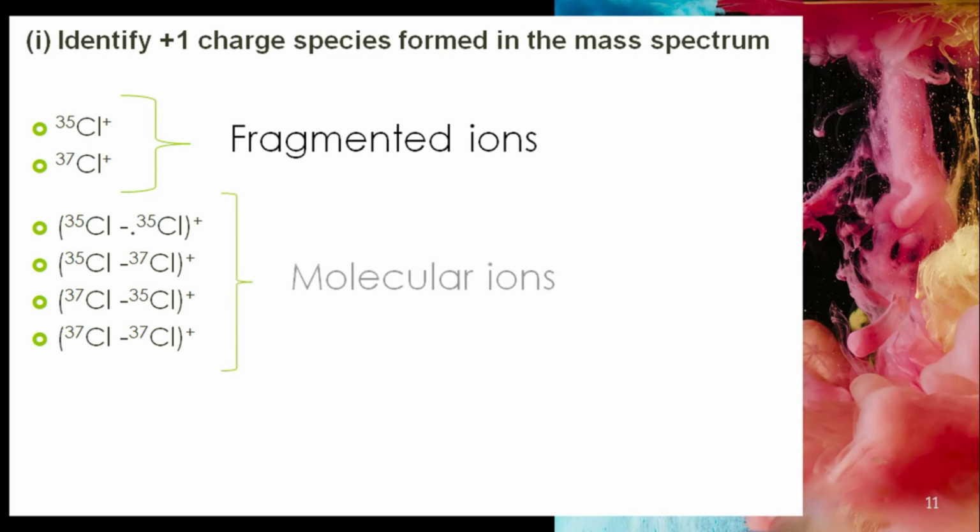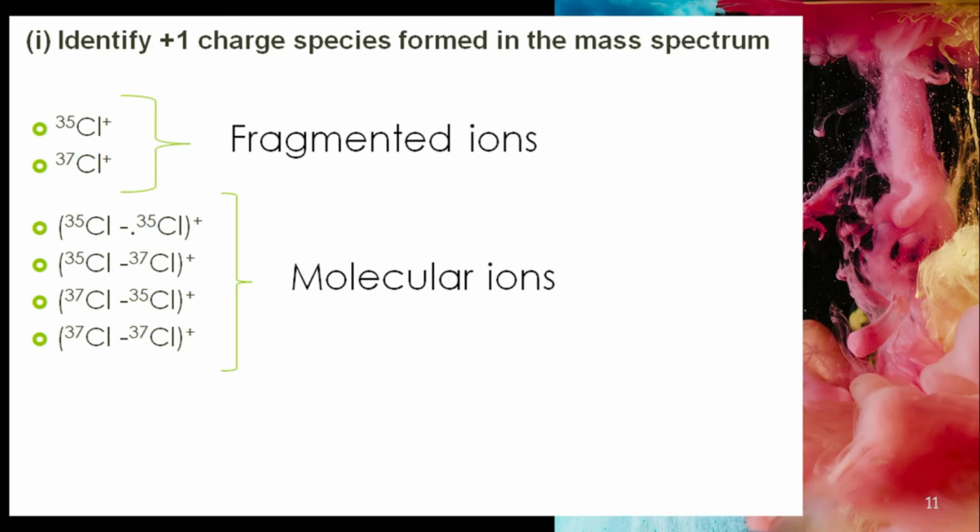Then we have the molecular ions. Since there are two species here, 35Cl and 37Cl, the two species could either be 35Cl and 35Cl, 35Cl and 37Cl, 37Cl and 35Cl, or 37Cl and 37Cl.